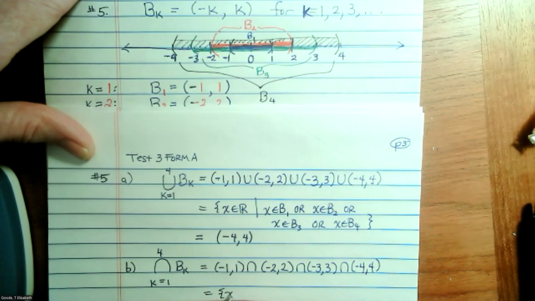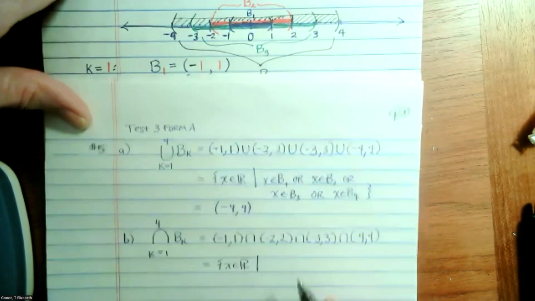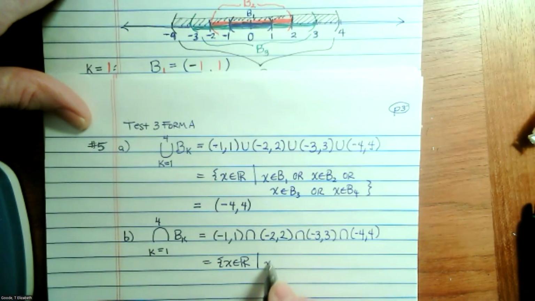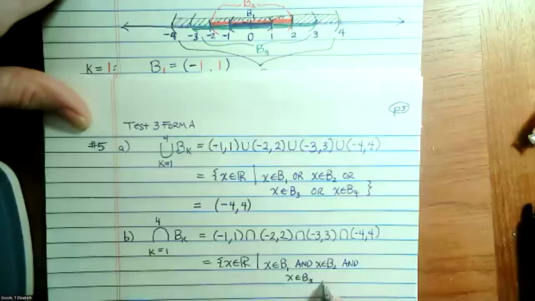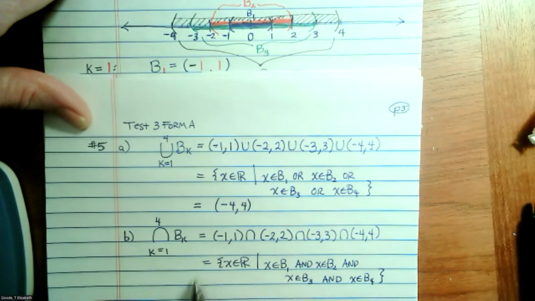So it's going to be the x's in the reals such that x is in B1 and x is in B2 and x is in B3 and x has to be in B4. Any x in our solution has to be in all of these.